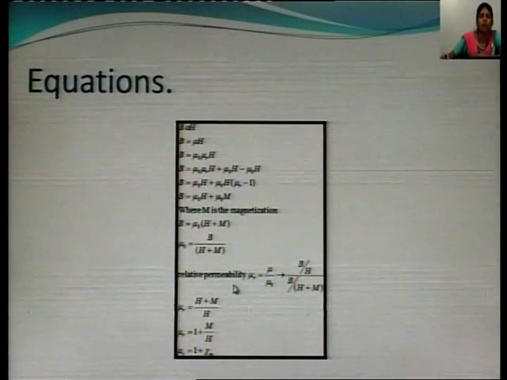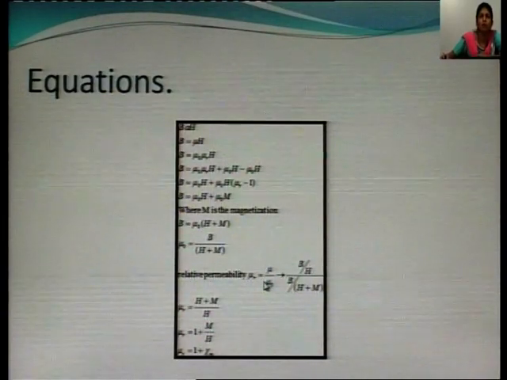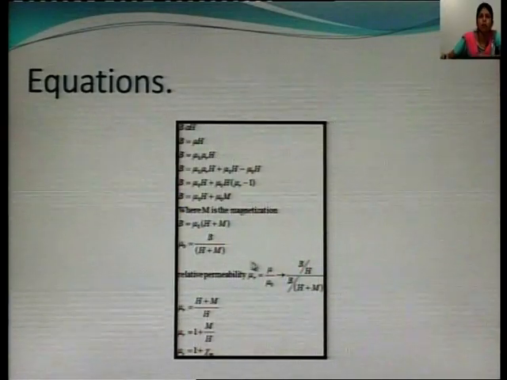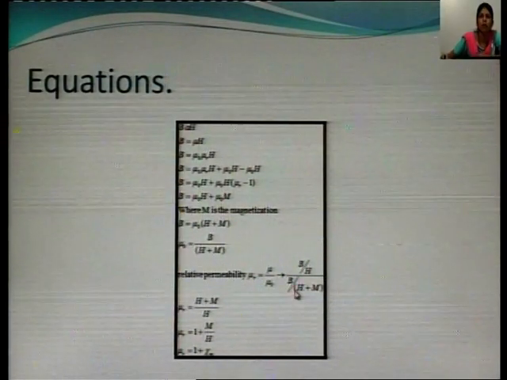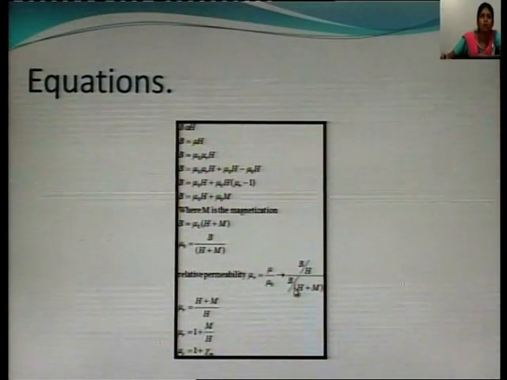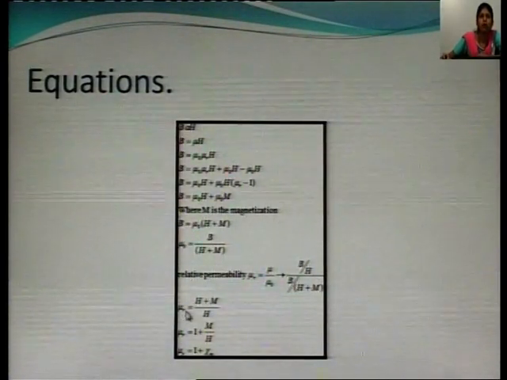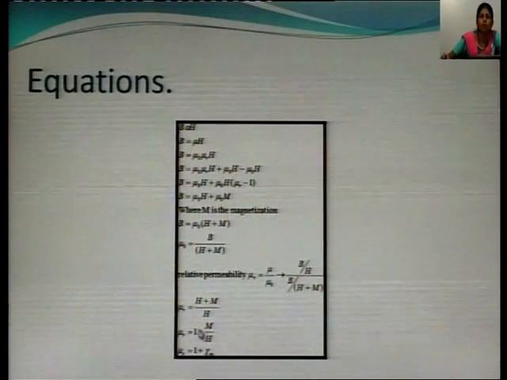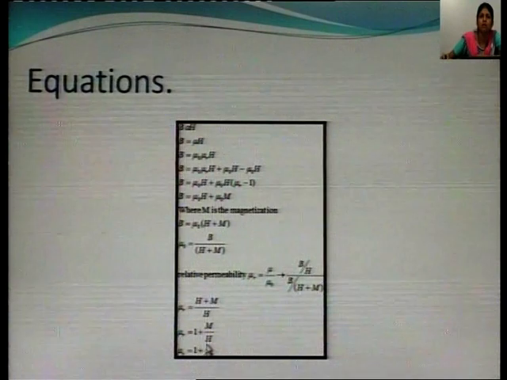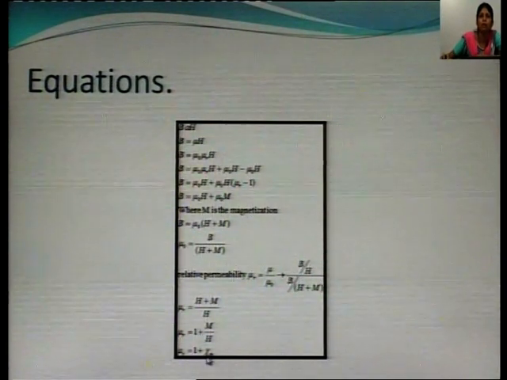So, relative permeability, mu r is equals to mu upon mu naught. Now, what is mu naught? Mu naught is B upon H plus M, and what is mu? B upon H. So, B cancels out. So, this will give mu r is equals to 1 plus M upon H. Now, this M upon H is chi m, susceptibility.